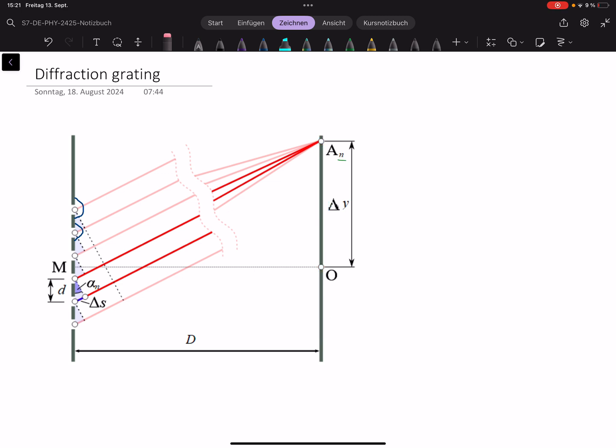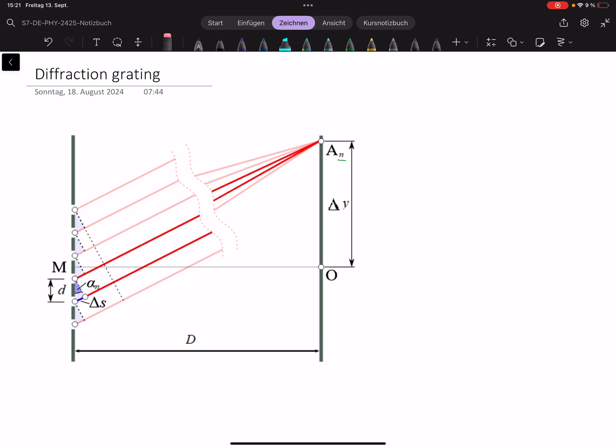Before we begin, I would like to mention that again we use some approximations.